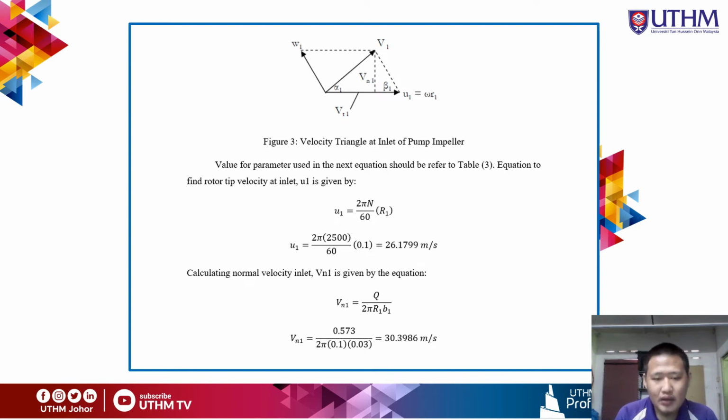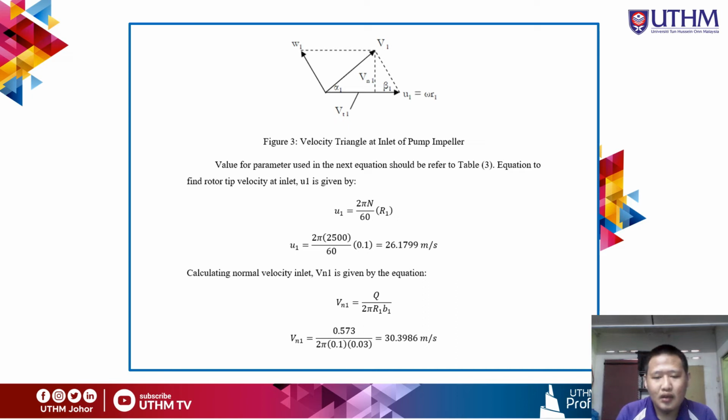And after that, we calculate the inlet velocity, Vn1, by using the formula Q over 2 pi R1 B1.